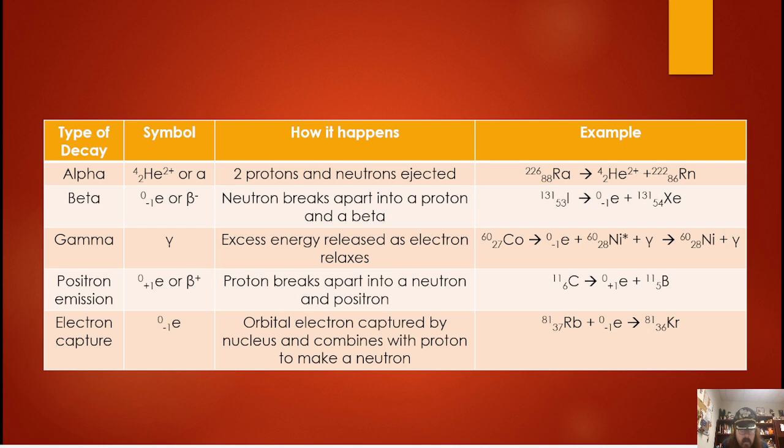Beta decay, often seen as an electron or B minus. Well, a neutron breaks apart into a proton and beta. So a neutron, you could think of it like a neutral proton, but you could also think of it as a proton and an electron combined together to make a neutron. The proton has the mass and the charge.